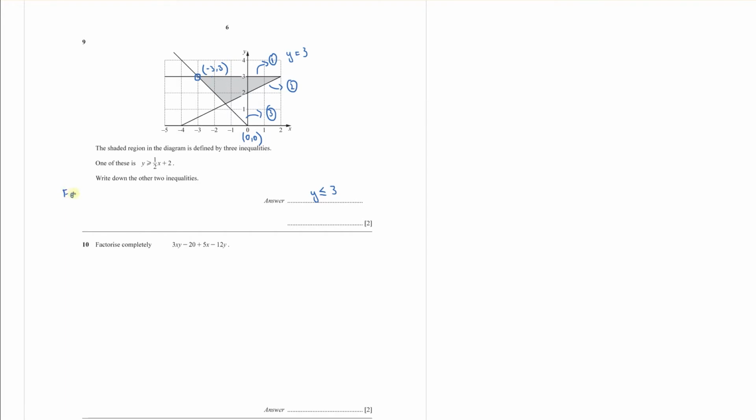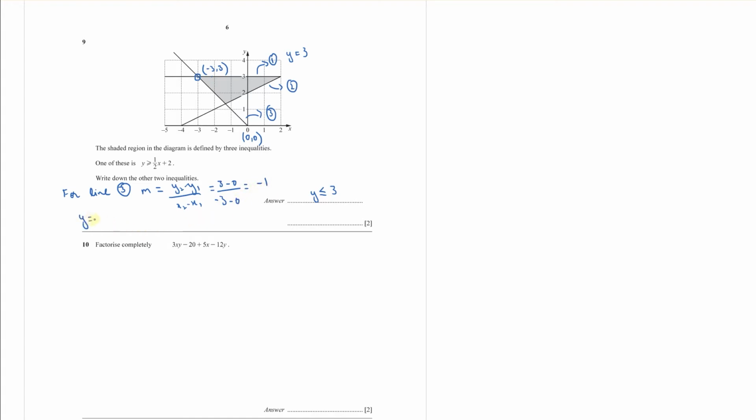So for line number 3, the gradient m is equal to the change in y, so we can do y2 minus y1 over x2 minus x1, where these are the points on the line. So we took these 2 points. The y2 value is 3 minus 0, the other value of y, and the x values are -3 minus 0. So you get -1 as the gradient.